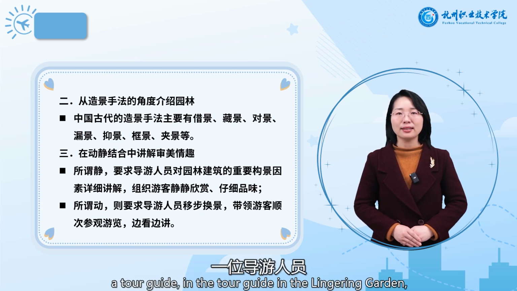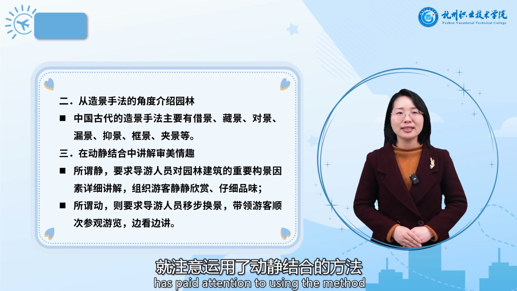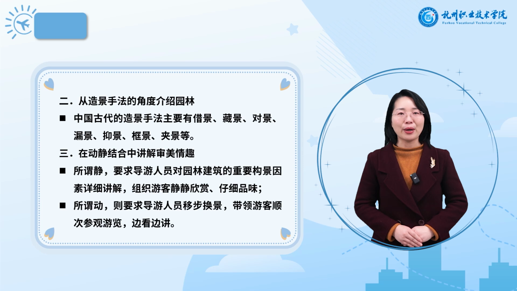For example, the tour guide in the Lingering Garden, one of the Suzhou gardens, has paid attention to using the method of combining motion and stillness to conduct the tour guide of garden art.